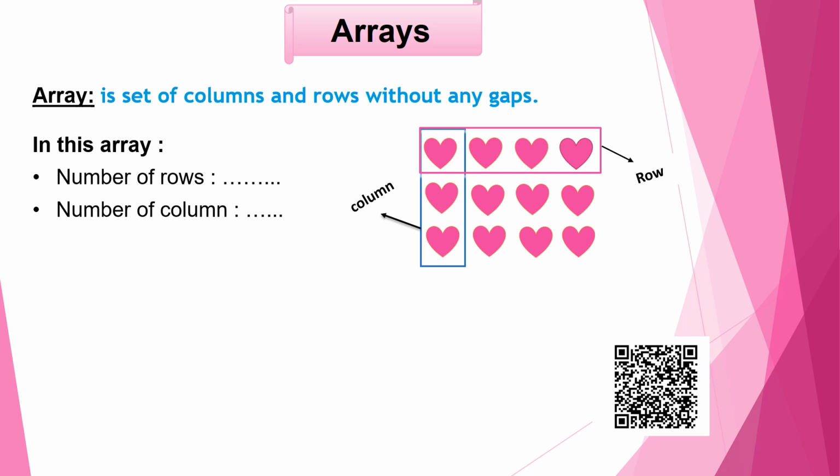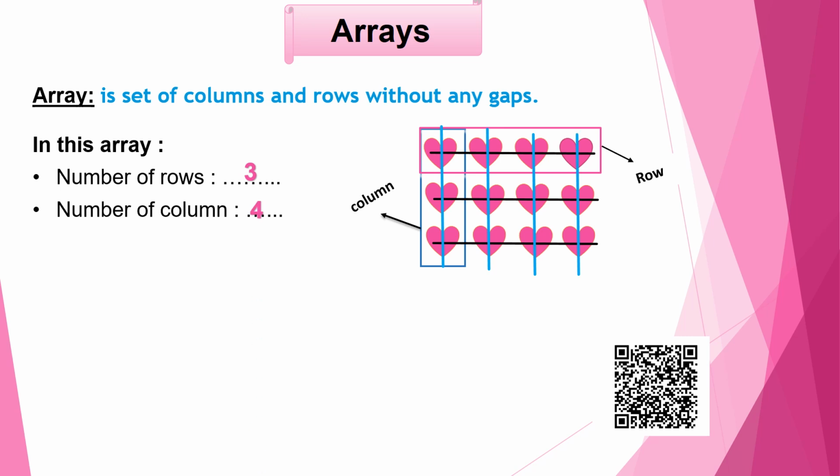We said rows are items in horizontal direction, horizontal lines. So let's count together. 1, 2, 3. So we have 3 rows. The number of columns. Columns are items arranged in a vertical way. 1, 2, 3, 4. So we have 4 columns.